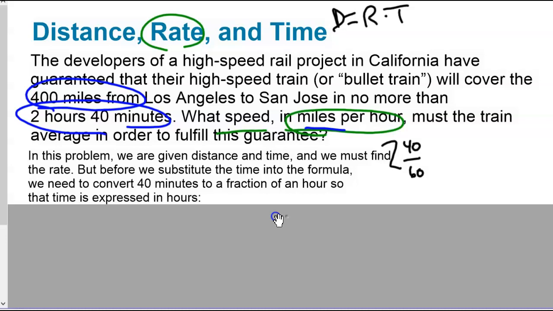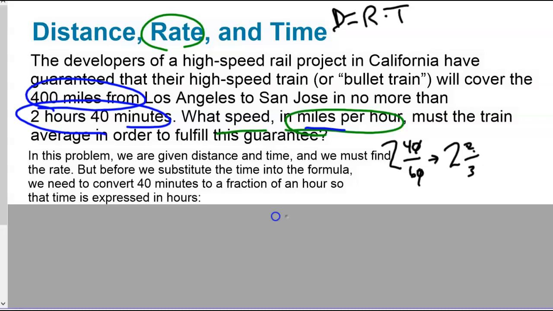So looking at just the 40 over 60, let's reduce that down. Take off the zeros, divide by 10 on both of those, divide each of these by 2. And we can say we've got 2 and 2/3 of an hour.